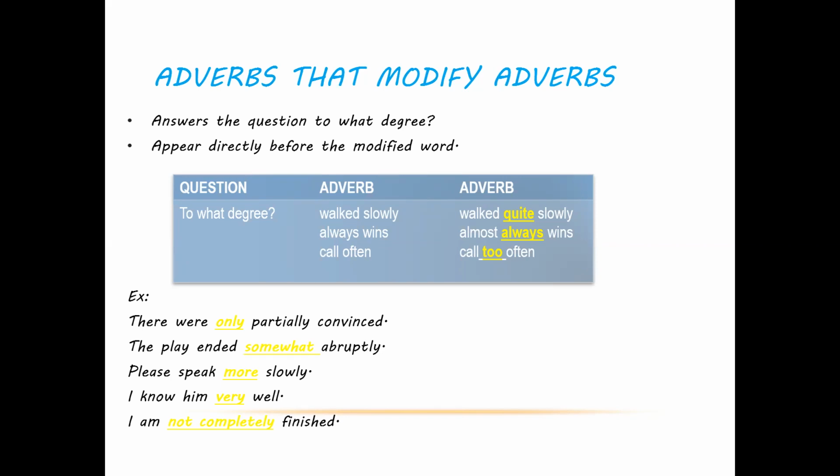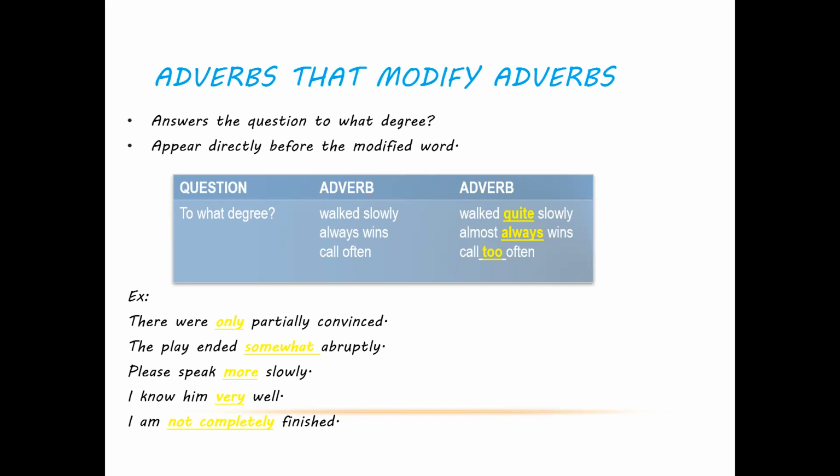Here are more examples of adverbs. Ito na yung third category, guys. So yung first category, adverbs that modify verbs. Second category is adverbs that modify adjectives. And the third one is adverbs that modify adverbs. Okay? It answers the question to what degree.